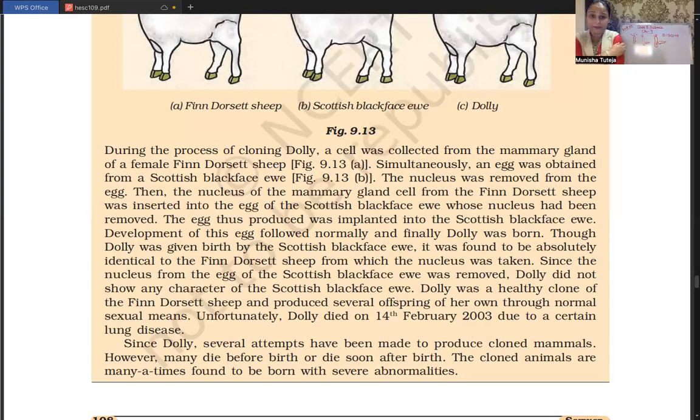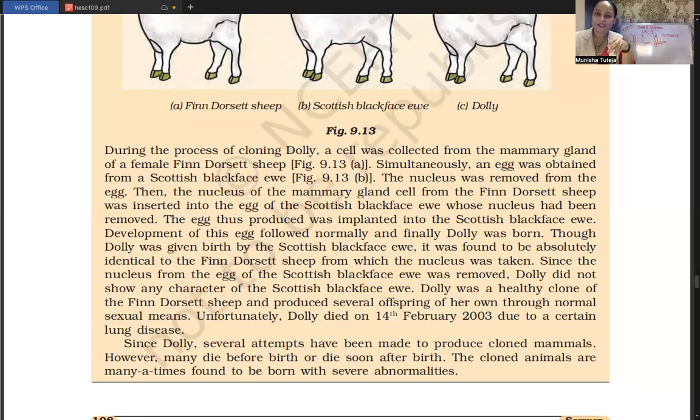Finally, what happened? It started growing normally as a baby inside the body of the sheep, and finally Dolly was born. Though Dolly was given birth by the Scottish Blackface, it did not have any feature of the Scottish Blackface. Whose features did it have? Finn Dorset's. Why? Because we put in its DNA.